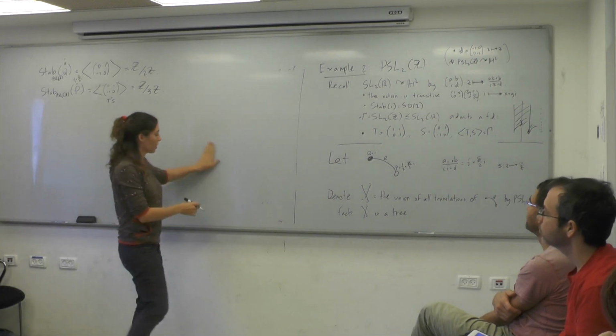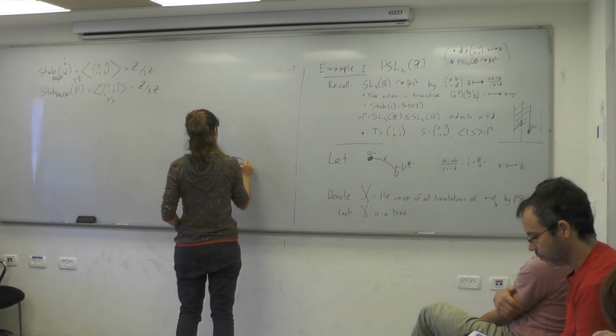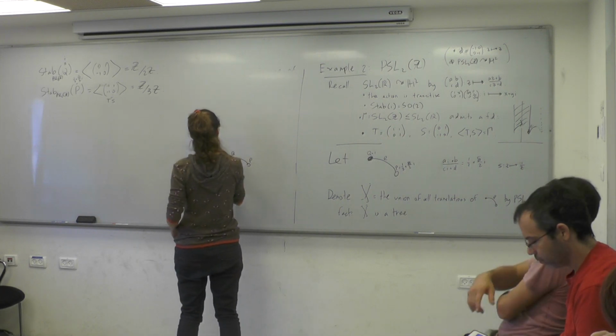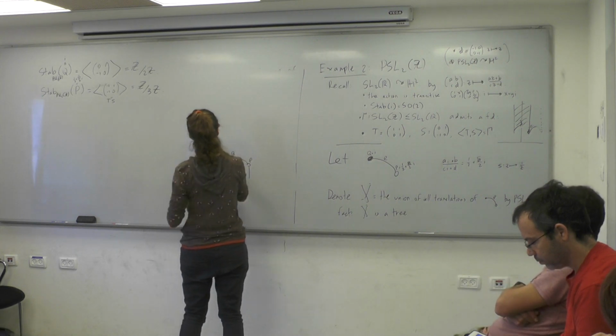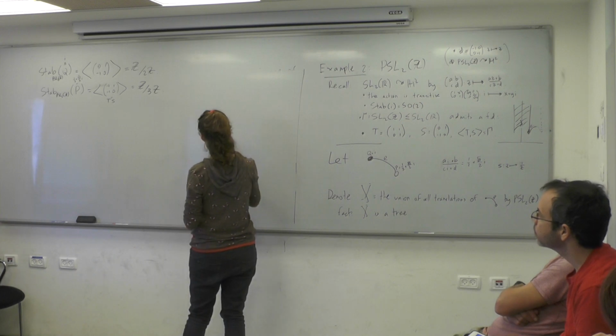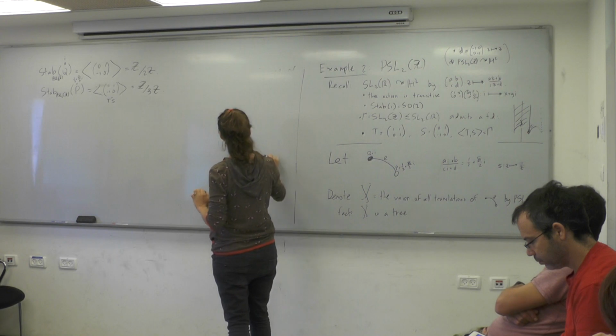If you consider the tree, so maybe I will draw just, so this is Q and P, and this is the fundamental domain, but this is not part of the tree. And you didn't tell us for the extra edges. I will not draw the extra edges, I will make life easy for myself.